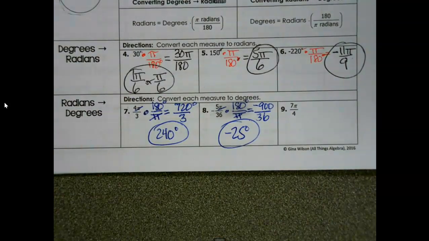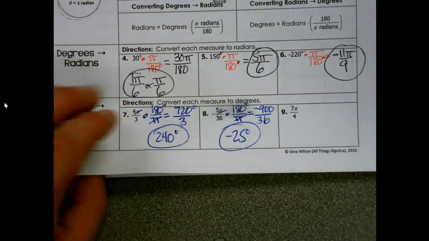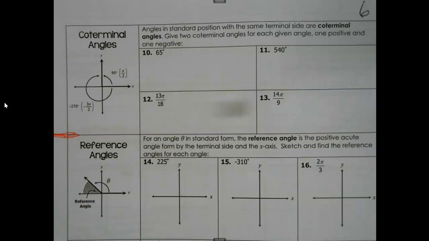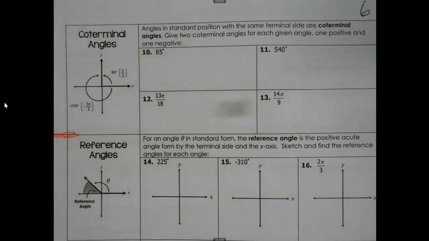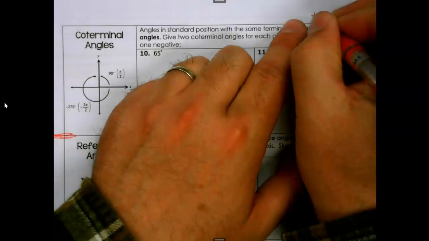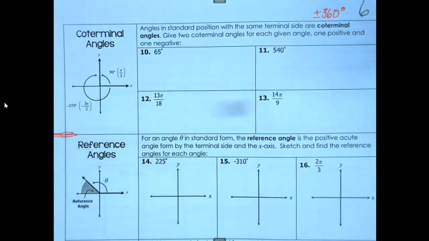Okay? So the other play that we're going to do today, and the last one, I told you this is going to be short. So the last piece for today is on the back something called a coterminal angle. Okay, so what does coterminal mean? Coterminal means we're adding or subtracting 360 degrees.